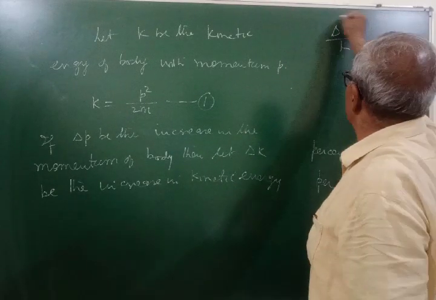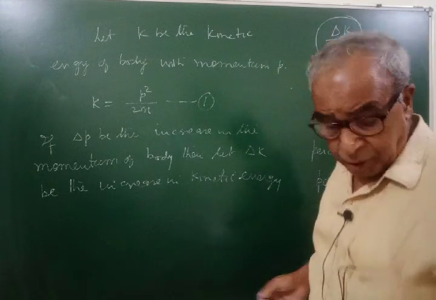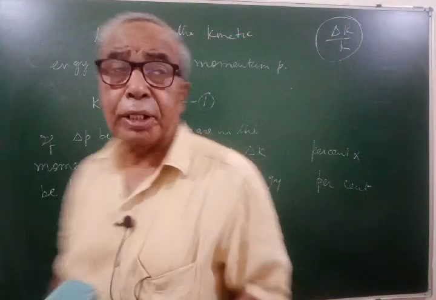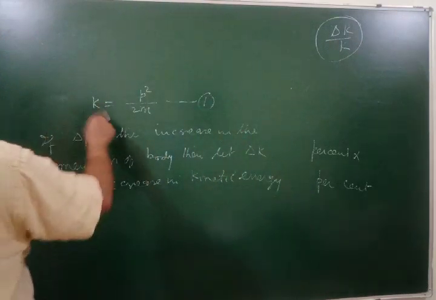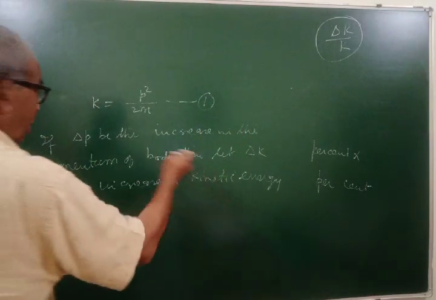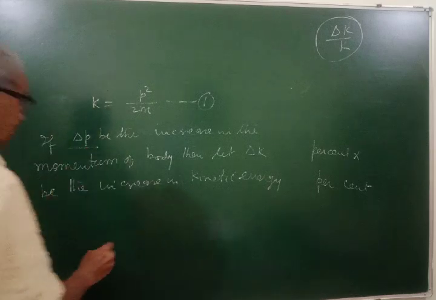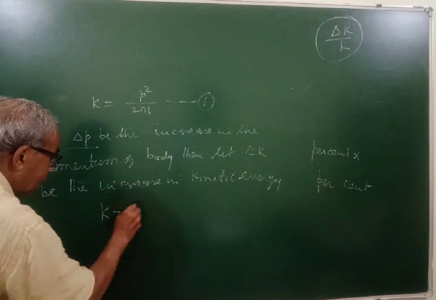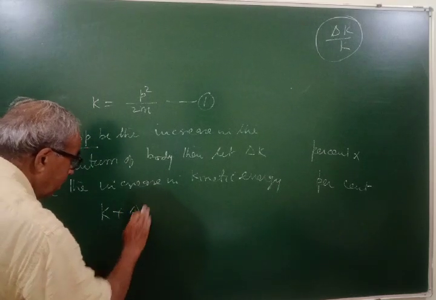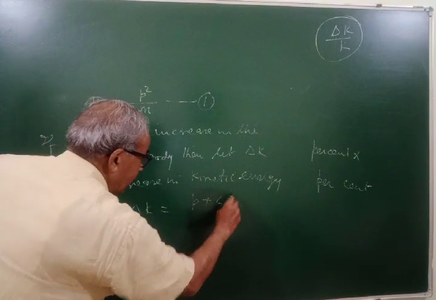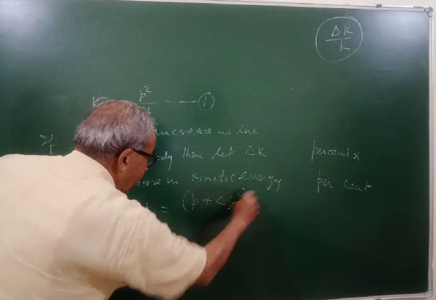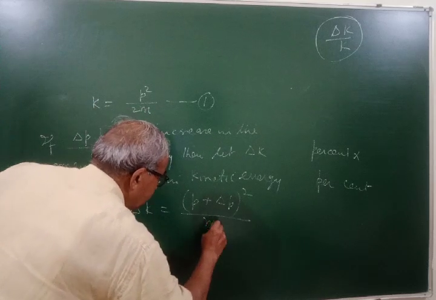K is given. So I write, delta P is the increase, then K plus delta K equals (P plus delta P) whole square upon 2m. Mass has not changed.